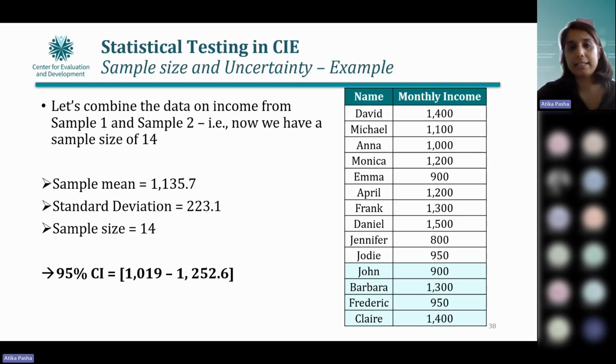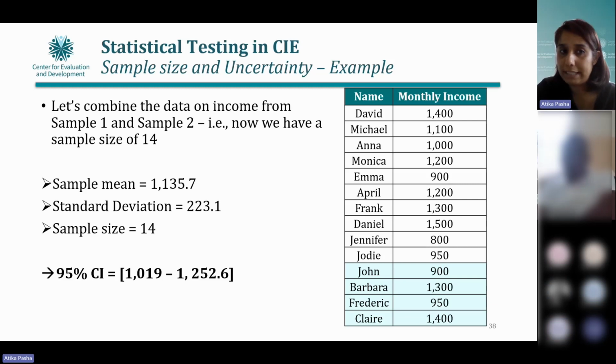We already did an example with 10 different individuals, and now we add 4 more individuals to make it a sample size of 14. So these 4 individuals are part of our sample now, and what this implies is that our sample mean has changed from 1135 to 1135.7.